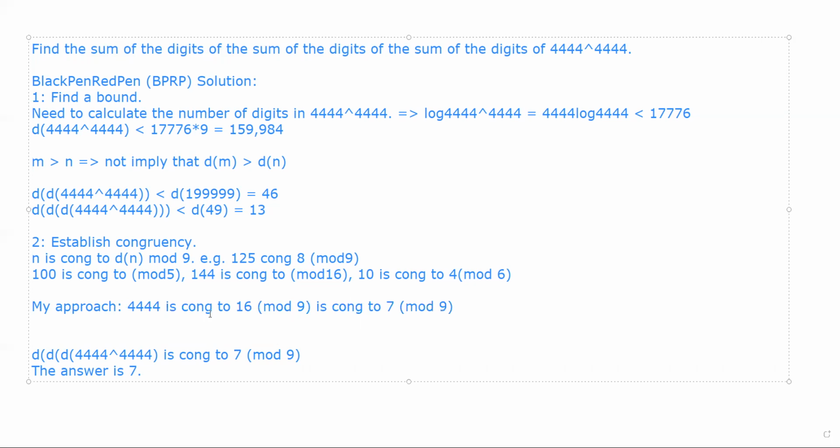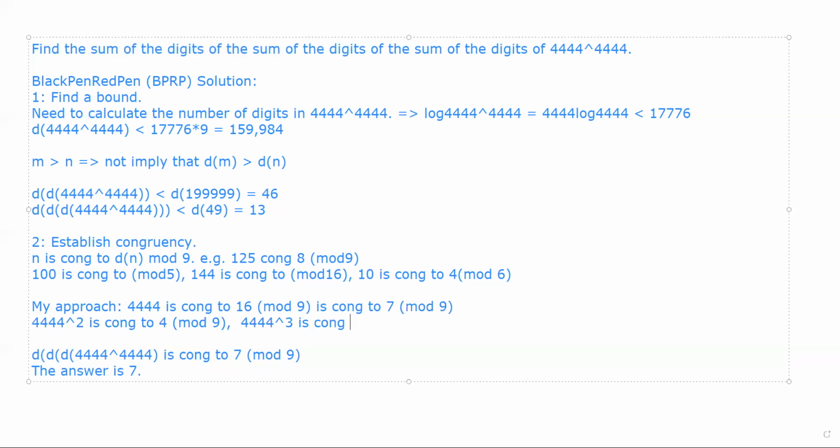And then I said 4444 squared is congruent to 4 mod 9 because, well, I explained it earlier. And 4444 to the power of 3, that's equal to 4444 to the power of 2 times 4444.